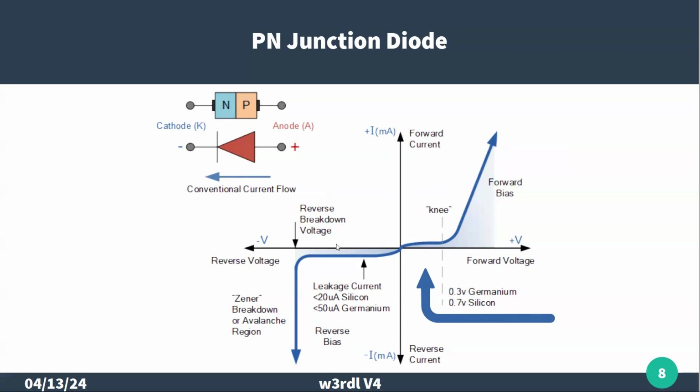When we do a reverse voltage, even though you still get a small amount of leakage in the opposite direction, you get no significant current flow until you get to the Zener point, where it breaks down and you can have current flow in the negative direction.